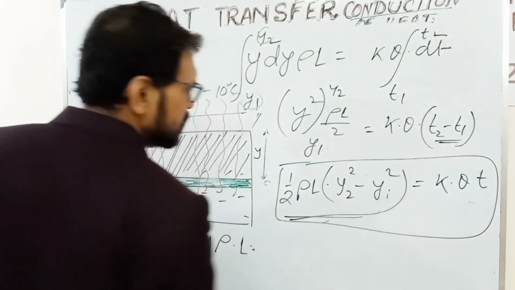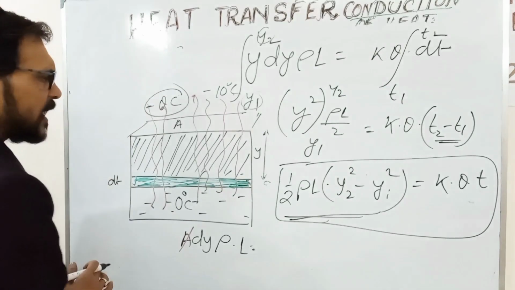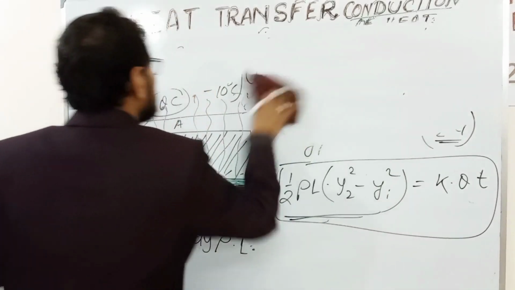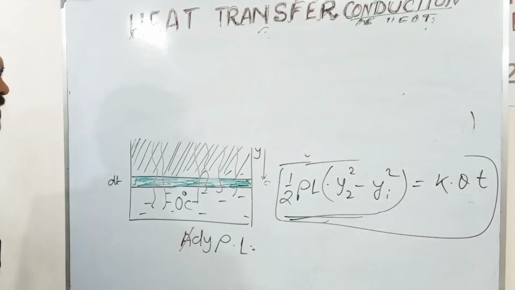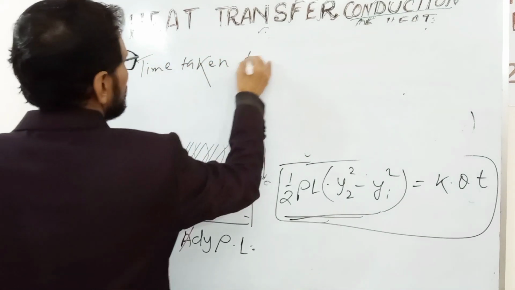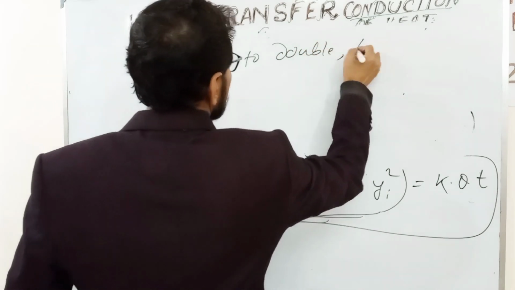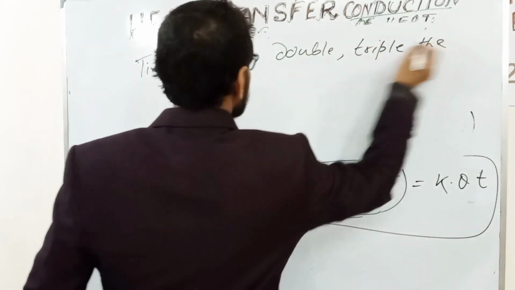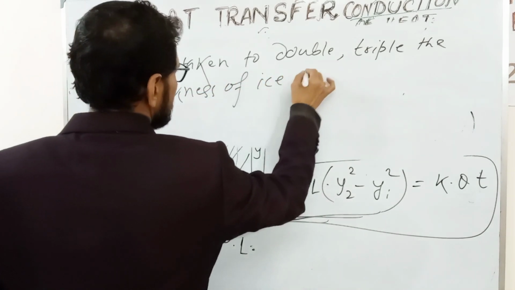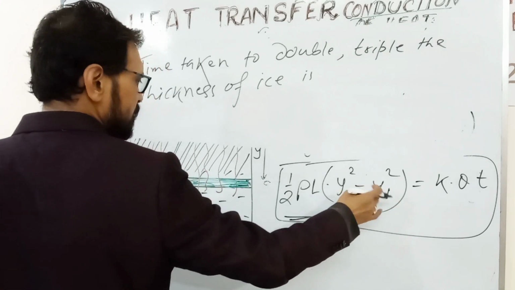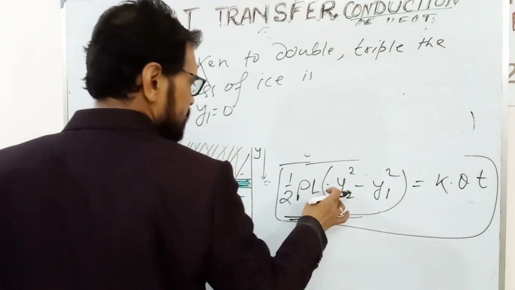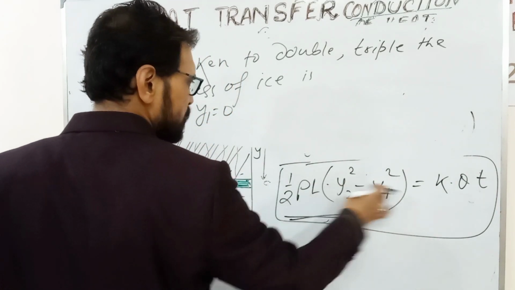So from this it is obvious that from this equation we get the time taken to form ice of thickness double, triple, etc. For double, triple, y1 equal to 0 and if we put y2, suppose y thickness of ice has been formed in time t.